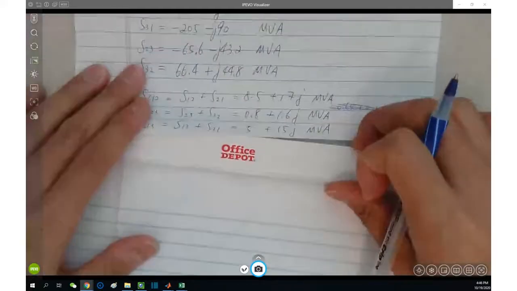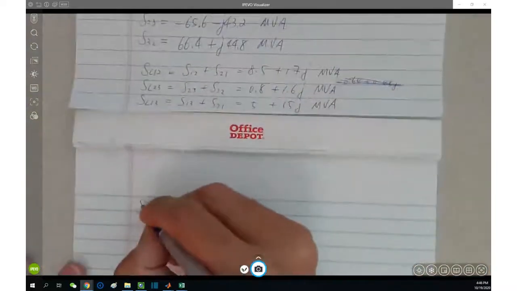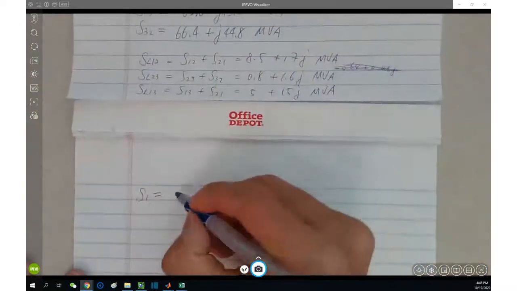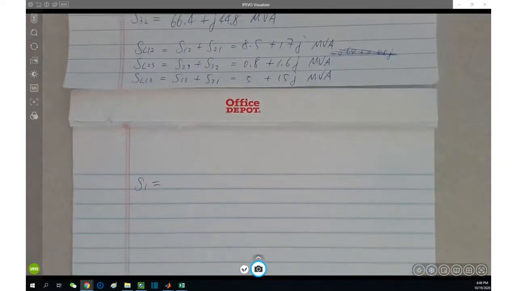Once again, be patient, and then your S1 equals what? By observing the network, S1 in this example equals what? Anyone knows what is the S1?